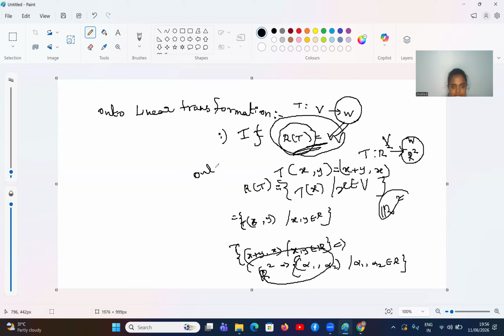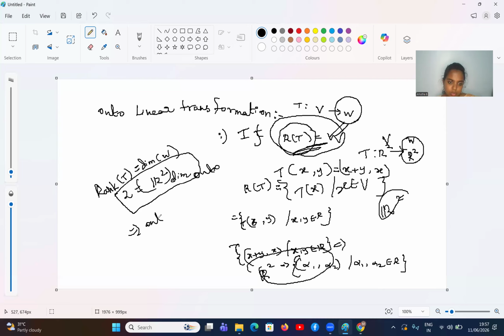In other words, we can say that rank of T equals the dimension of W. Rank of T is 2, which we found in the last slide, and this is equal to the dimension of R2. What is the dimension of R2? Dimension of R2 is 2. Okay, so both are equal. That implies the map is onto.